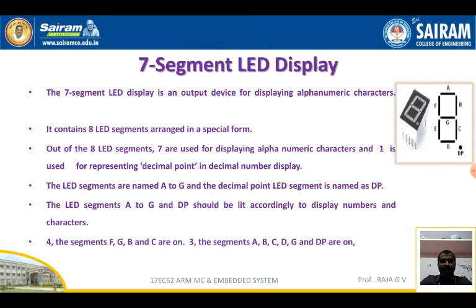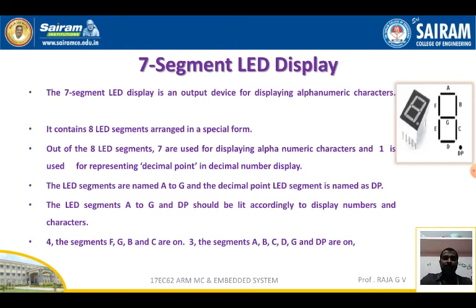For example, for the number 4 to be displayed, F, G, B and C are in the on condition. For 3 to be displayed, A, B, G, C, D are on. DP is off for displaying 3.